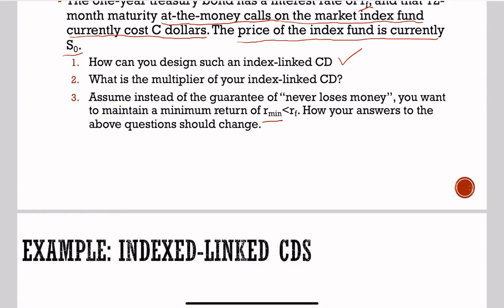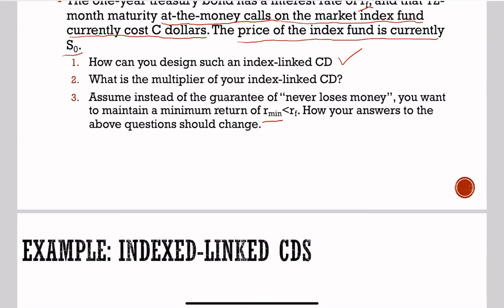It basically says that I guarantee that the minimum return of this index-linked CD is 0%. That's what never losing money means. However, now let's say you want a better return. Maybe you want to guarantee a 1% return. In this case, how would your answers to the above two questions change?